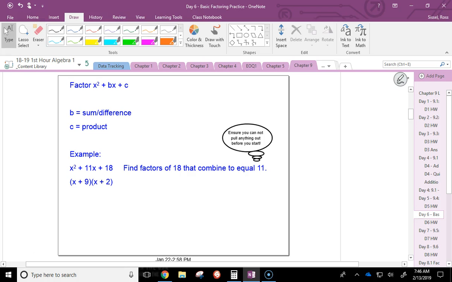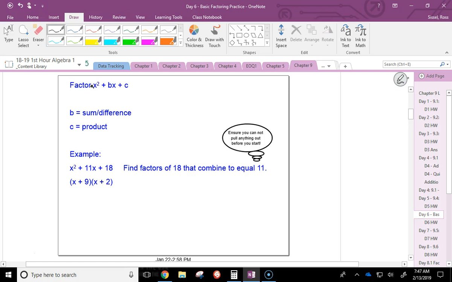Alright, it says factor x squared plus bx plus c. Here's something we're having to learn. With our quadratic formulas, we have to learn that they use A, B, and C. Even though we're not talking about that yet, A is always going to be the first term that comes before your x squared in your quadratic formula.